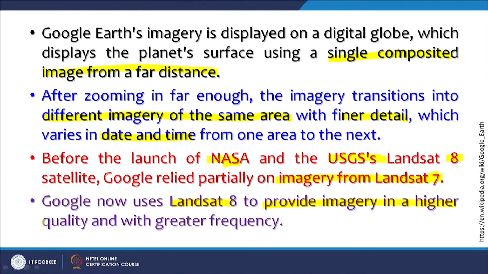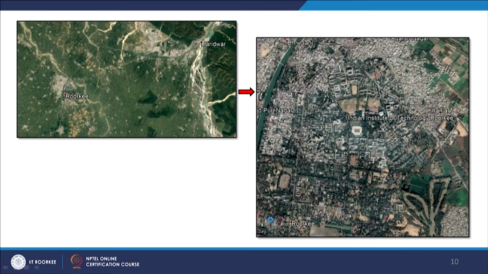Now Google Earth uses Landsat images to provide imagery at a higher quality and with greater frequency as compared to Landsat 1 or 2 with the Landsat MSS sensor. Here are the OLI and Thematic Mapper sensors, and of course they have much better spatial resolution, better image quality, and the frequency of data, that is the temporal resolution, is also good.